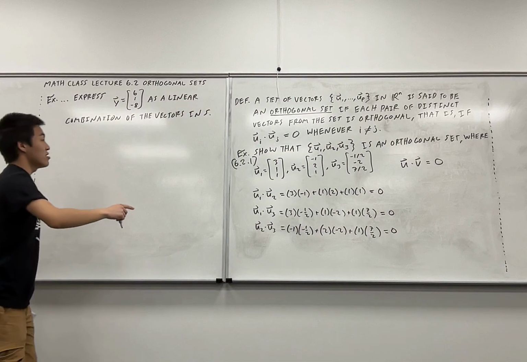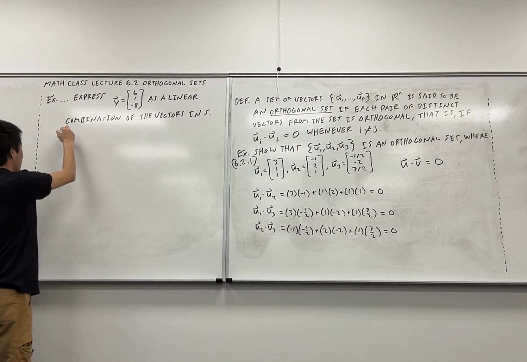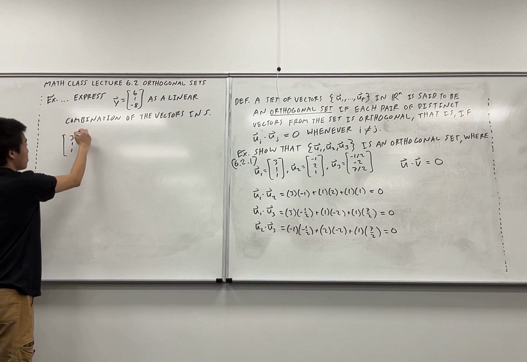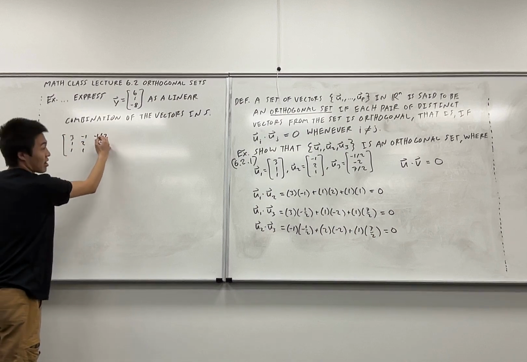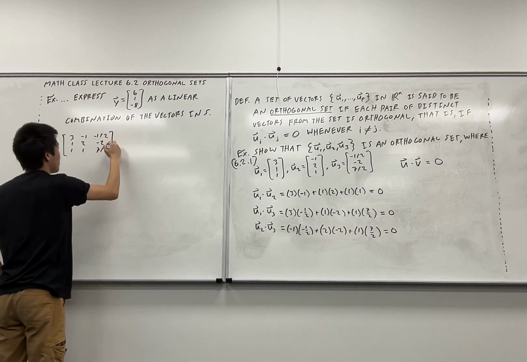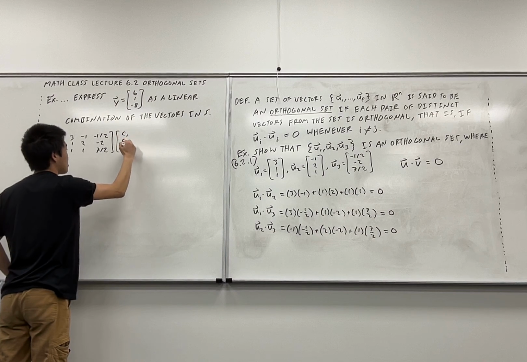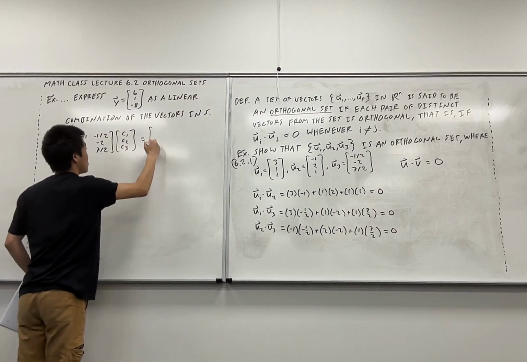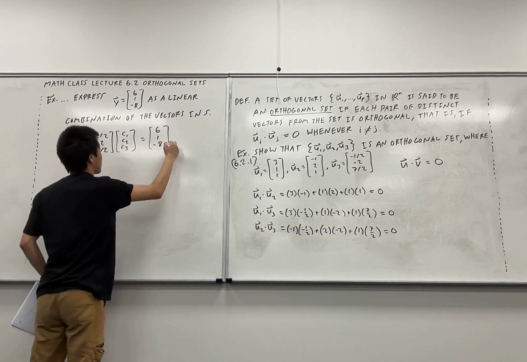Well, it's asking me to effectively figure out which weights are going to satisfy this equation. The 3, 1, 1, minus 1, 2, 1, minus 1 half, minus 2, 7 halves, times some vector with weights c1, c2, and c3 is equal to the vector 6, 1, minus 8.